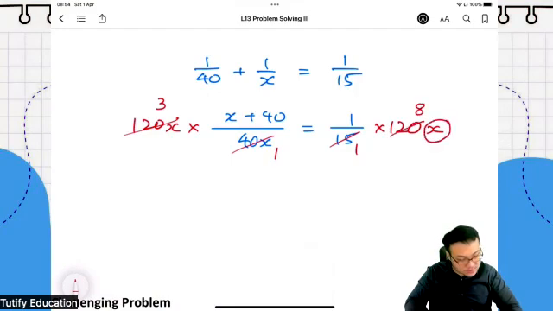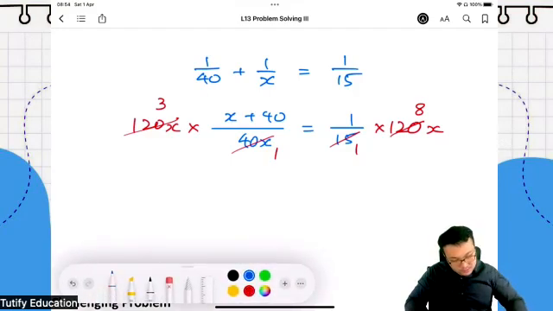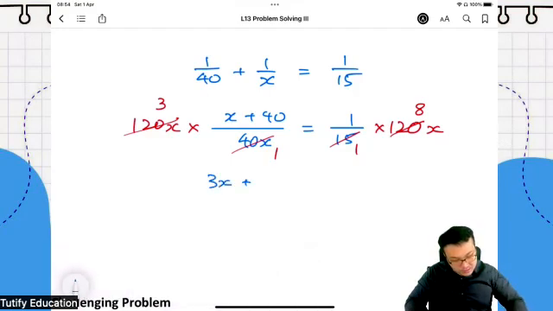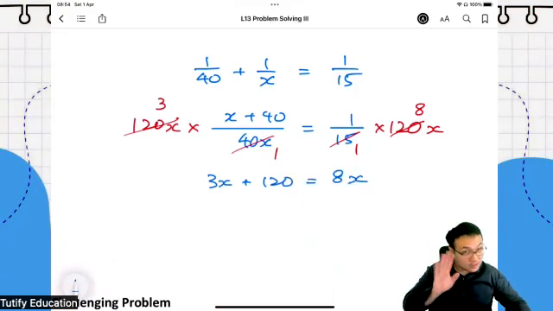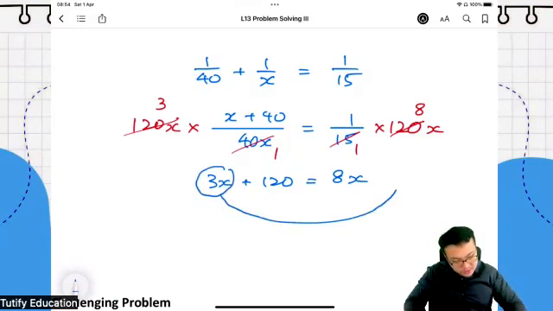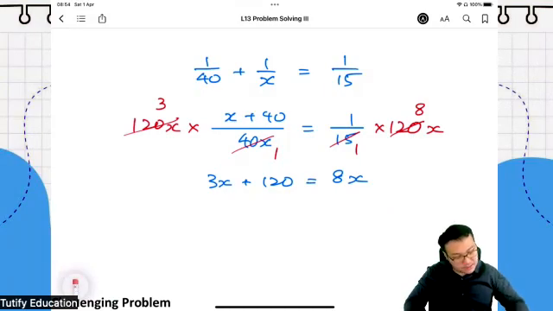Don't forget there's an 8x. So now we have 3x plus 120 equals 8x. Not 8, 8x, because there's an extra x. I move this over to the other side. Positive becomes negative.